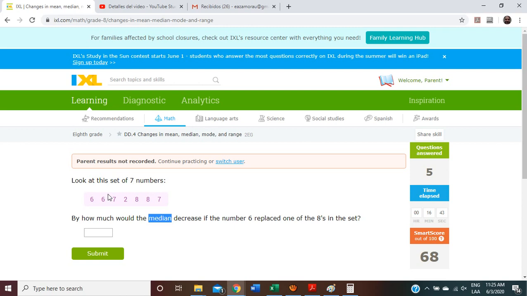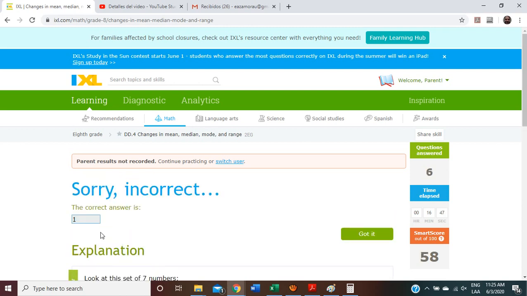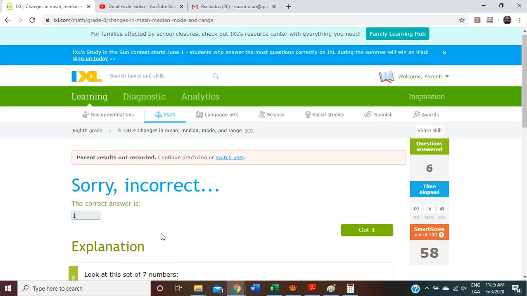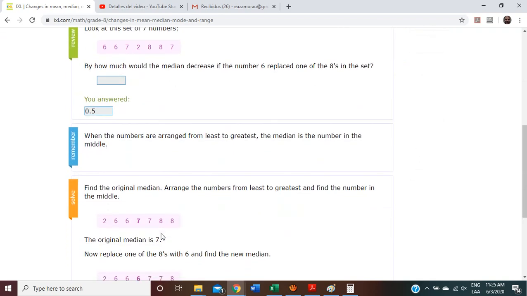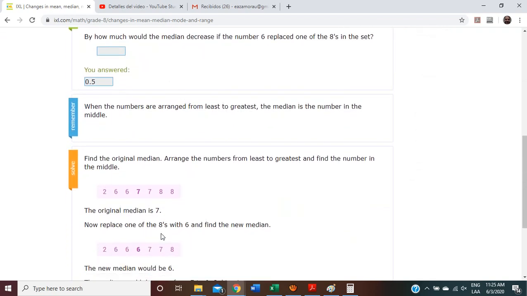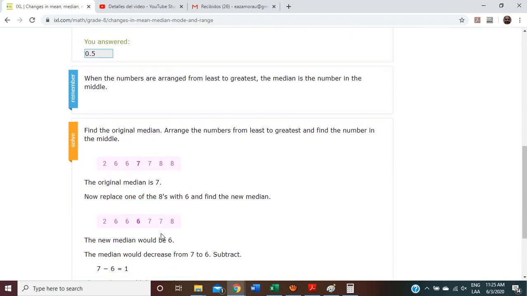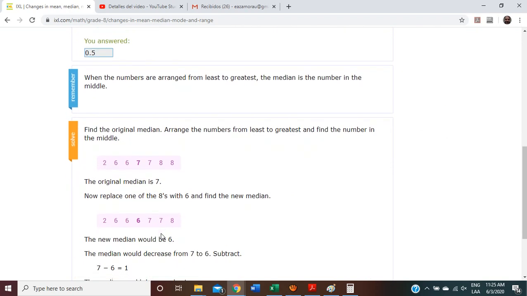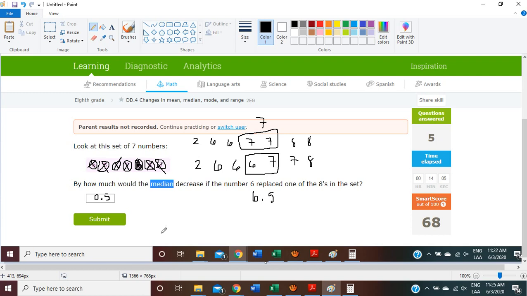Okay, so 0.5. Oh, it says by 1. Let's check our answer. One, two, three, four, five.